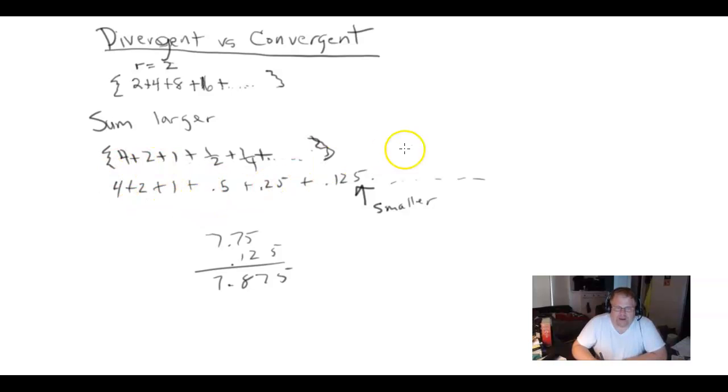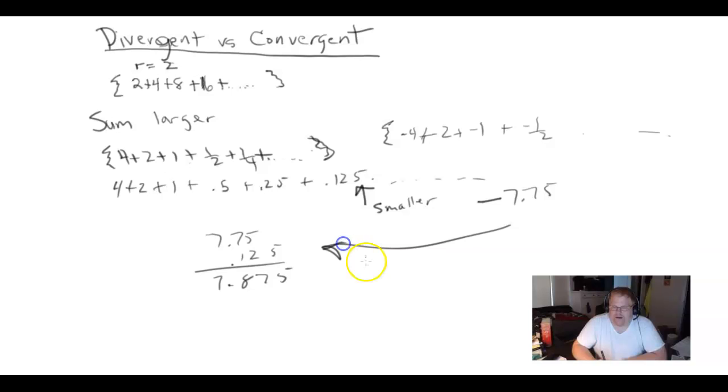And it happens with the negatives too. Don't let the negatives fool you. If you had a problem where it was negative 4 plus negative 2 plus negative 1 plus negative 1/2, then instead of a positive number, it's now negative 7.75, and all the math down here.